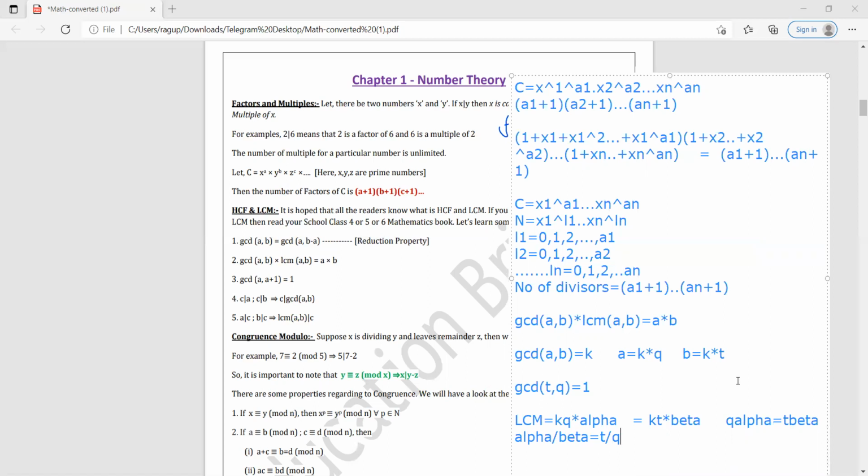So for alpha and beta, we know that LCM is the least common multiple, so we have to minimize alpha and beta both. For this to happen, alpha has to be T and beta has to be Q. And so our LCM would be KQT.